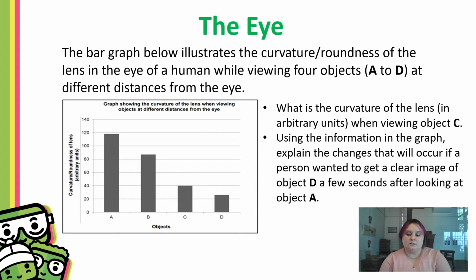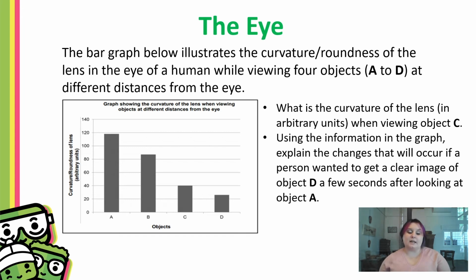So in this case, we want to go from looking at something at object A, where the lens is the most curved because it's at just less than 120, to looking at an object at D, which is just over 20. So we're going from very high curvature of the lens to much lower curvature of the lens. So we can tell that already from looking at the graph.